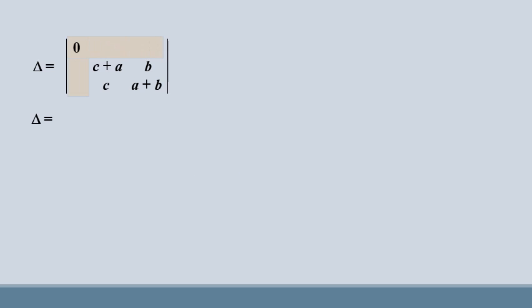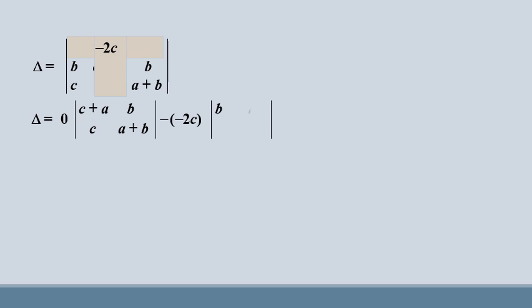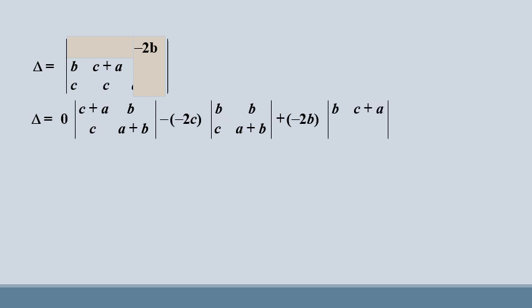So the first element, that is 0 into any determinant, will be 0. Next, minus 2c into the determinant, and the third element minus 2b into its determinant.